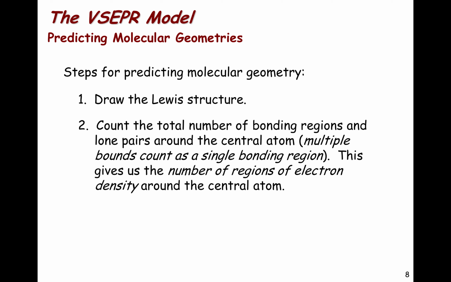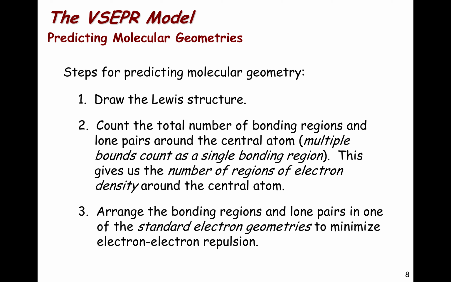Remembering that bonding regions are any kind of single, double, or triple bond, they are all counted as one region. And then we're going to arrange those bonding regions around the central atom along with any lone pairs in one of the standard geometries that we just discussed.